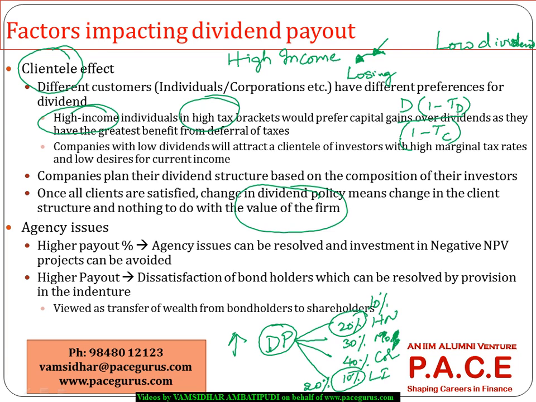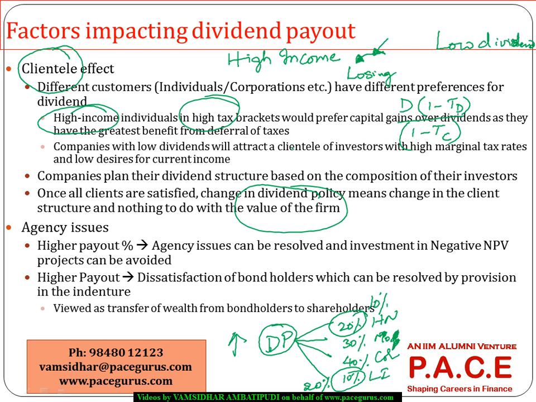There is no difference, but if the dividend change that the company is declaring is more or less, the clientele proportions will vary accordingly. The other dimension that we are looking at is the agency issues.